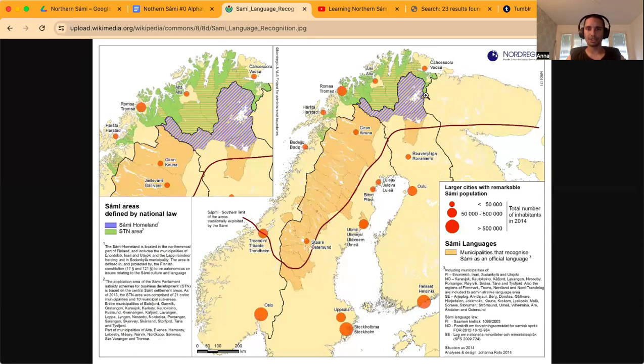And in this picture, you can see the dots or the circles, which highlight the areas where there are a lot of Sámis living. So you can see outside this is Sápmi, but outside of that line, like I live here in Rovaniemi.